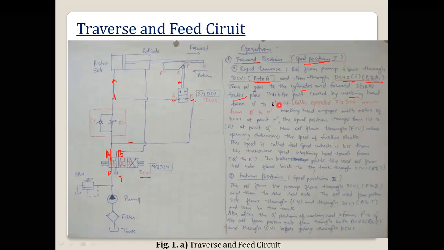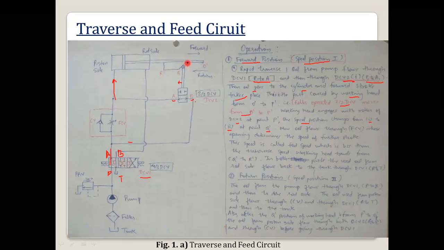Here, the roller operated 2 by 2 DCV moves from O dash to P dash. The working head engages with the roller of DCV2 at point P dash, so the spool position changes from 1 to 2 at Q dash.